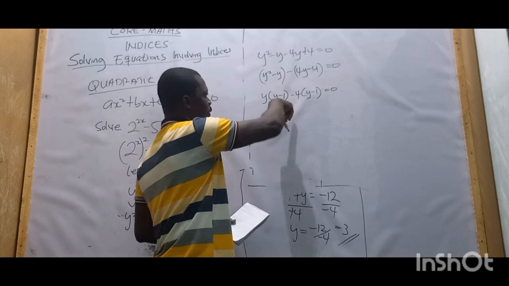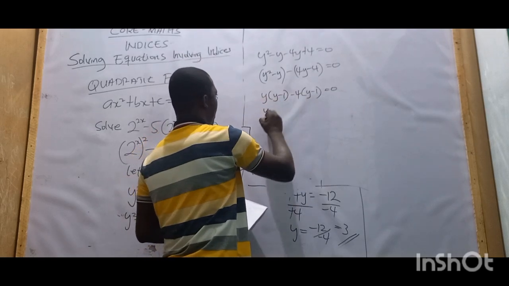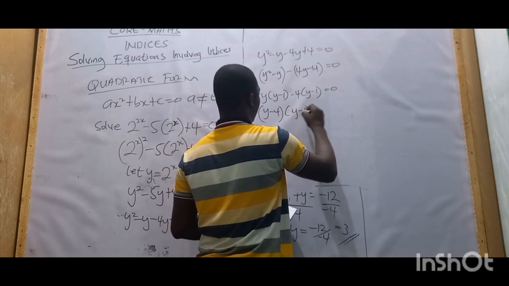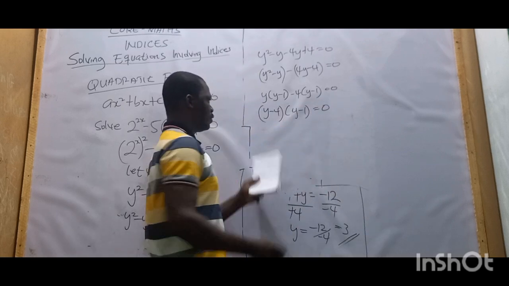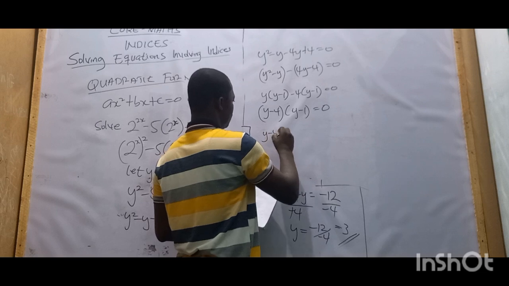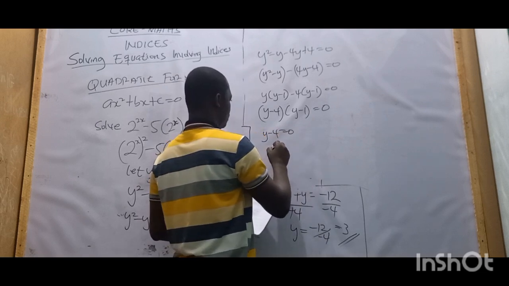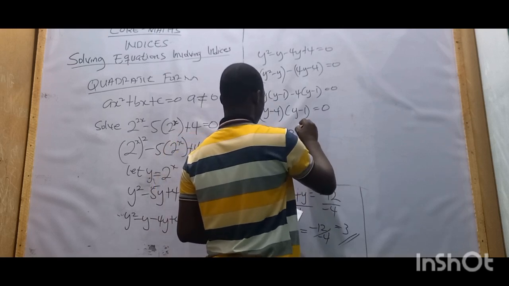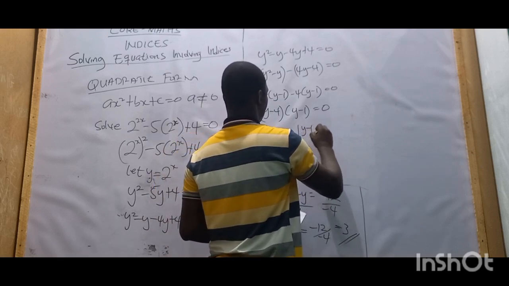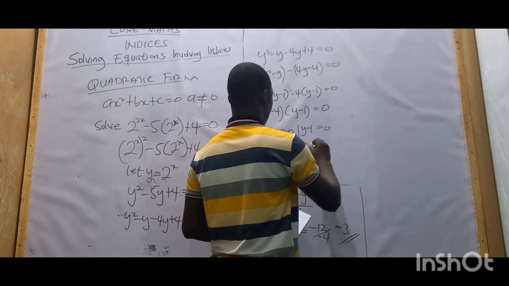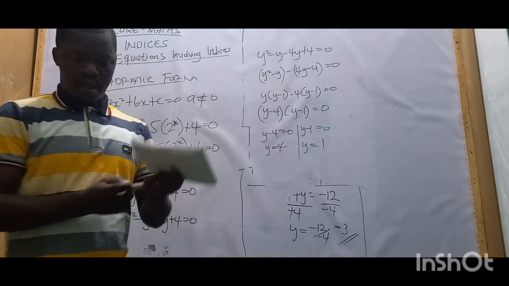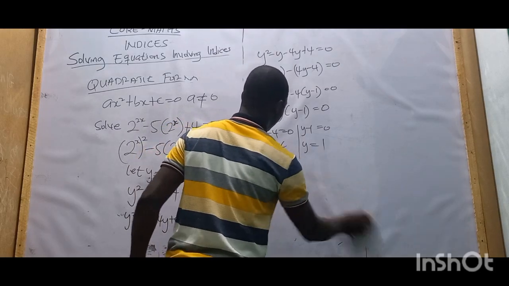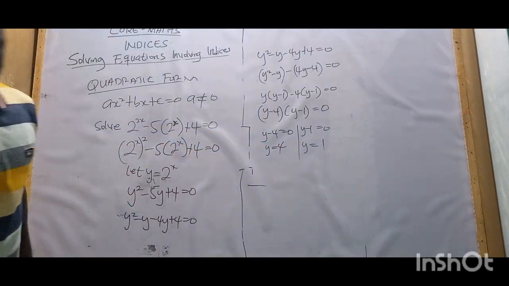I have y minus 4, y minus 1 equal to 0. So my y equals 4 or 1.